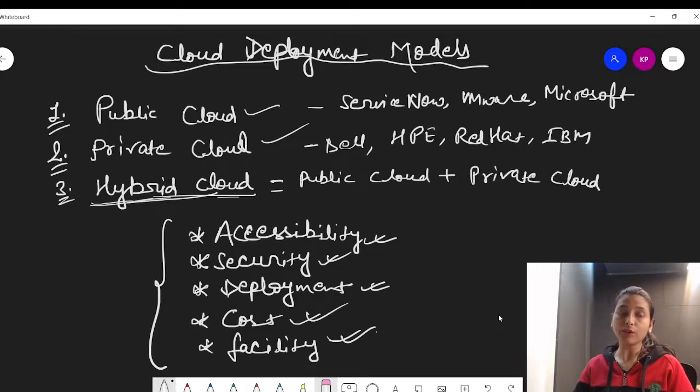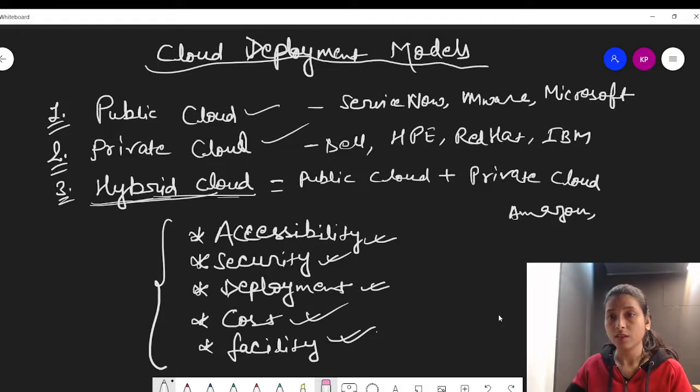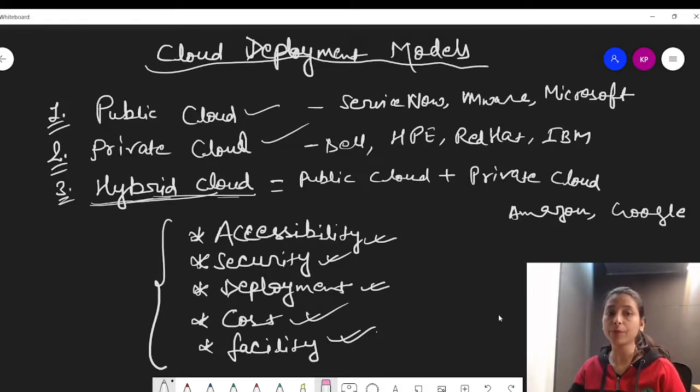If I talk about hybrid cloud, who is going to take a hybrid cloud? So first of all, let's look at who is the provider of hybrid cloud. So the companies such as Amazon, Google Cloud. So these all are companies who are the providers of hybrid cloud as well.